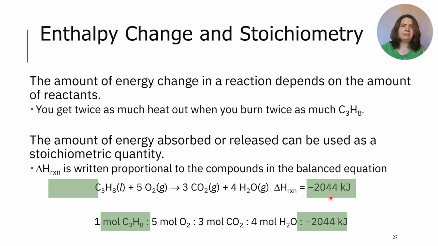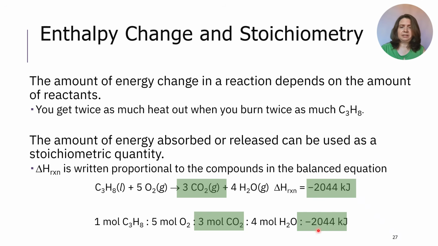From this, we can write several equivalent conversion factors. 1 mole C3H8 is equal to negative 2044 kilojoules. 5 moles of O2 is equivalent to negative 2044 kilojoules, or 3 moles of CO2 is equivalent to negative 2044 kilojoules. Any reactant or product can be used to create an appropriate conversion factor.